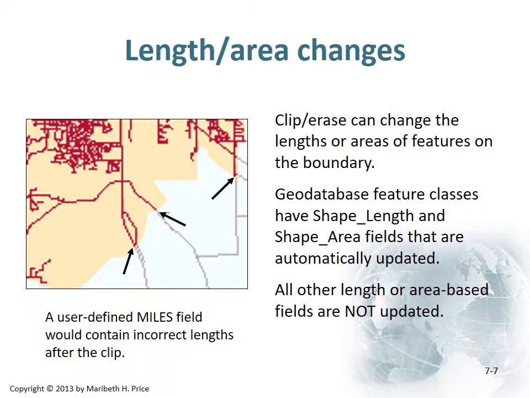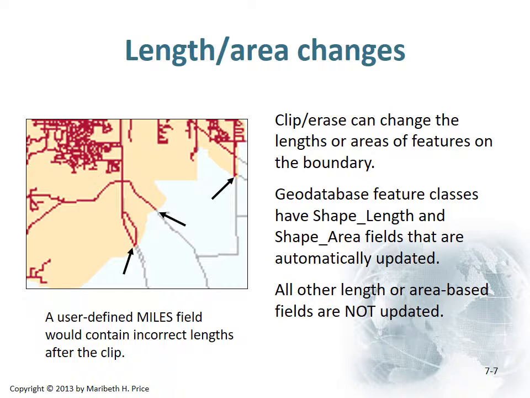Geodatabases will automatically update the shape length and shape area fields within vector data sets. Okay, that's really important. That's really crucial. That's something really handy. If you're using shapefiles, you have to do that manually. You have to update those columns in your output data set manually by right-clicking on it and saying calculate geometry.